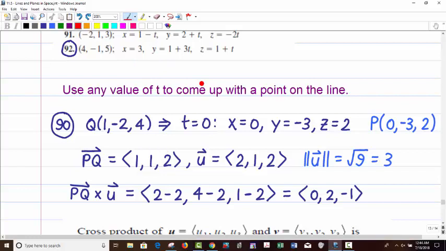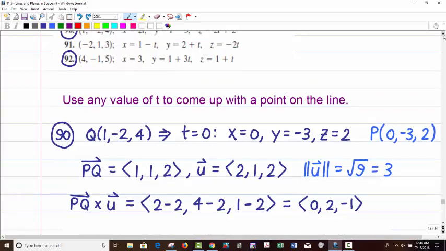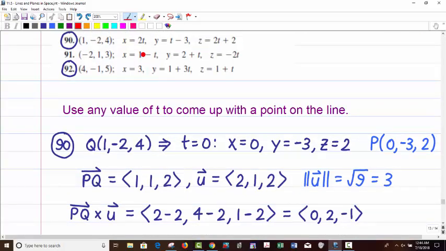And then the direction vector for the line is the coefficients of t. Remember, those are your A, B, C. Those are your coefficients on the line. So 2, 1t makes 1, and 2. So 2, 1, 2 is vector u. In another section way back when we talked about unit vectors, I mentioned that you never assume that a vector named u is automatically a unit vector, even though it's defined using u.